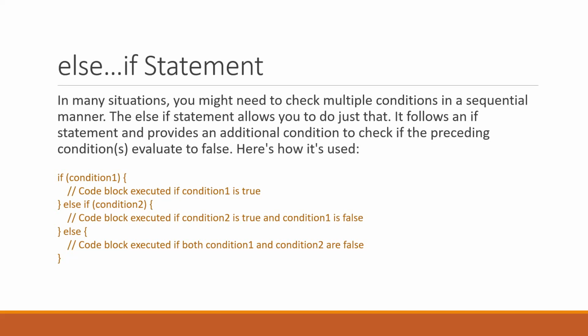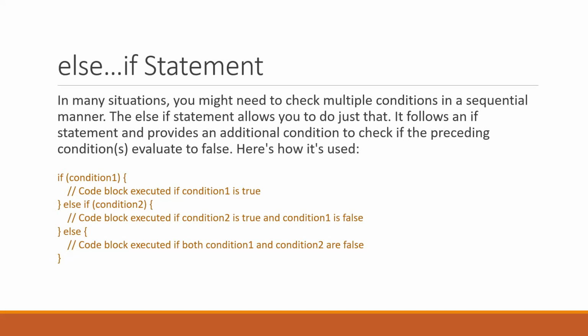Here's a brief explanation. Initial condition, condition 1. The first if statement checks condition 1. If condition 1 evaluates to true, the code block associated with it is executed. Subsequent conditions, condition 2. If condition 1 is false, the program moves to the else-if statement. The else-if statement checks condition 2.